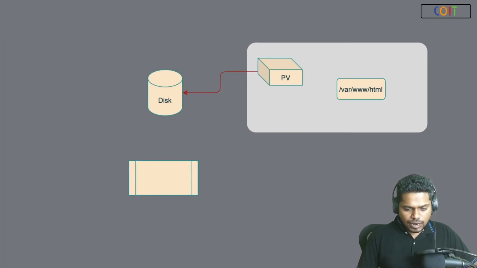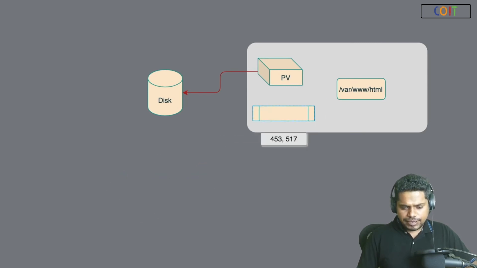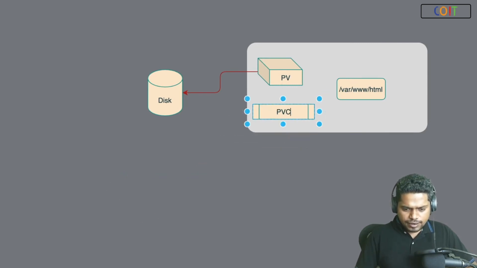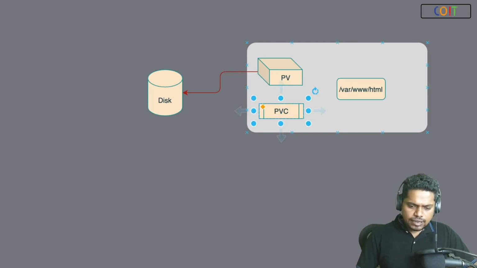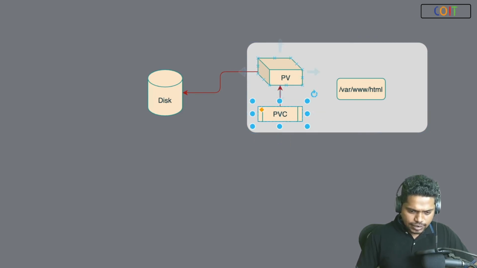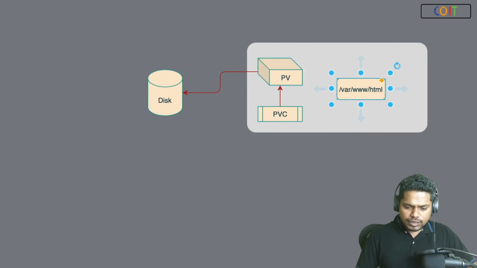That's what your application should do. Your application should request, hey, I need a PV. So it will make a claim to a PVC that you predefined in Kubernetes. So you will create a PVC, and this PVC is associated with a PV. Every time you create a PVC, a PV also gets created along with it, and then when your pod gets created, the pod will make this claim.